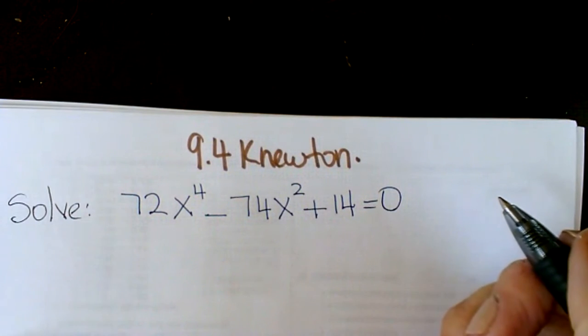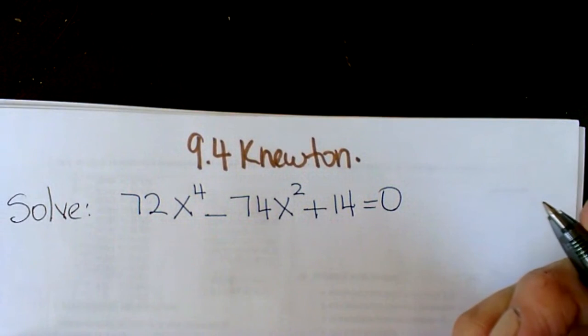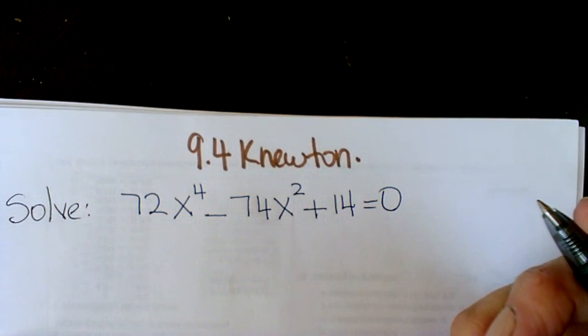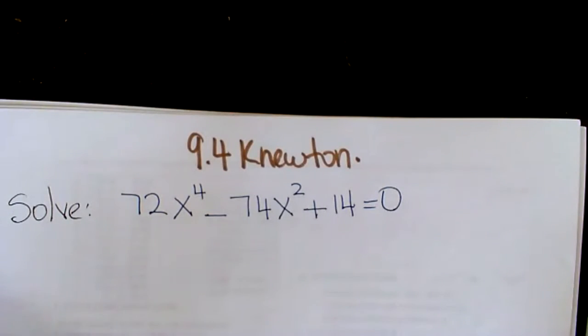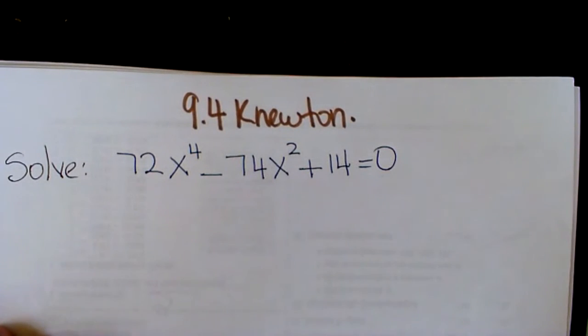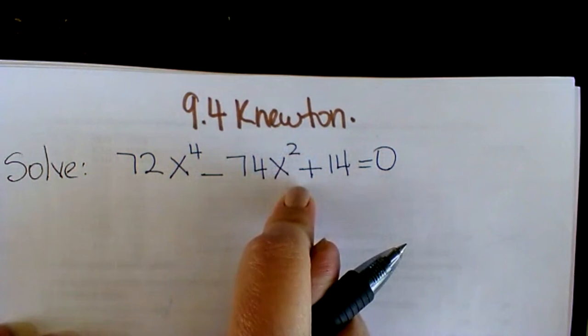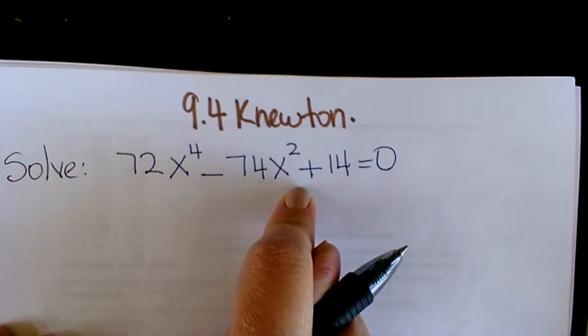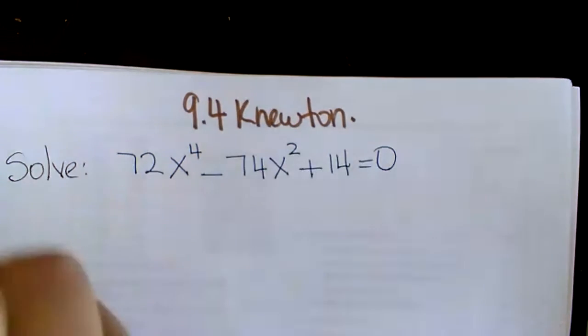Enter all solutions separated by a comma. So we need to identify a substitution that will make this equation look like a quadratic form.